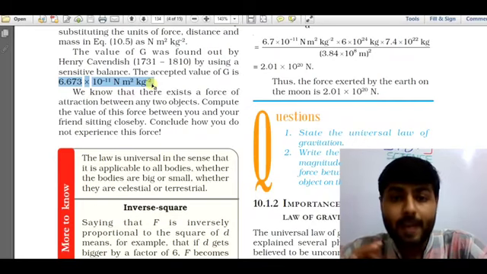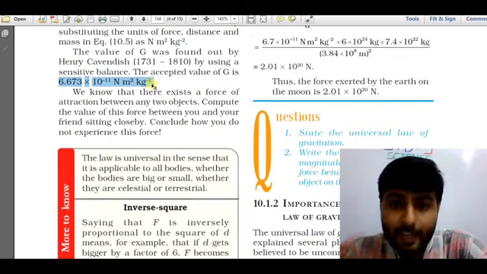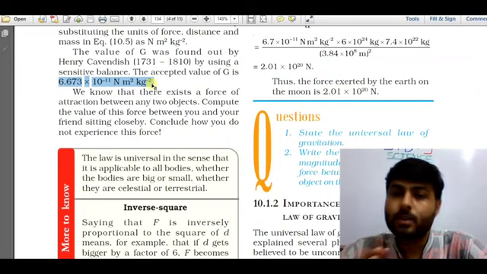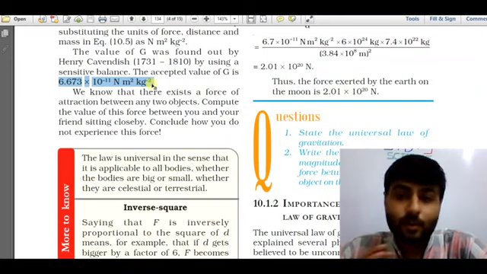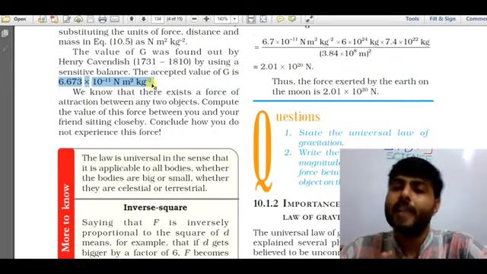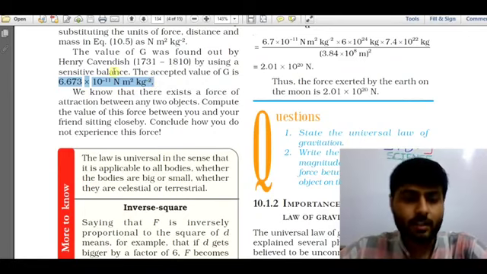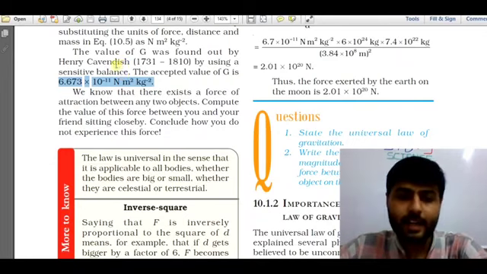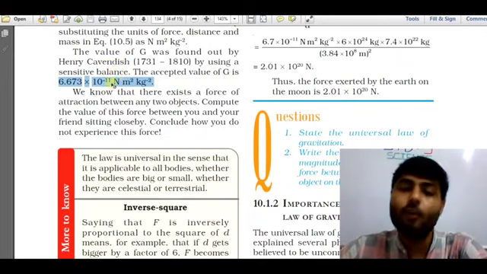Don't forget to write SI unit of G. So mark both points, SI unit and accepted value of G.